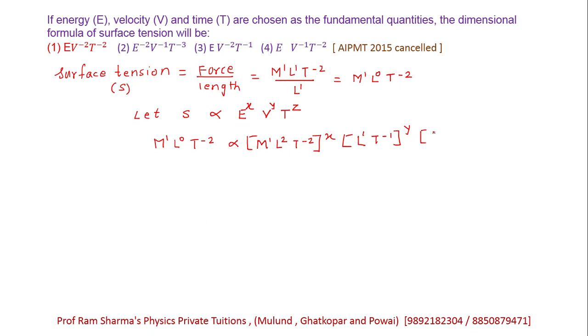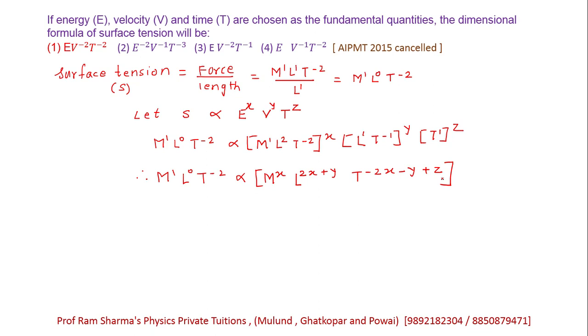And for time we can write T¹ and the power is z. Now if we further solve, we'll get M¹L⁰T⁻² proportional to M to the power x, L to the power 2x plus y, and T to the power minus 2x minus y plus z. So this is what we finally obtain.